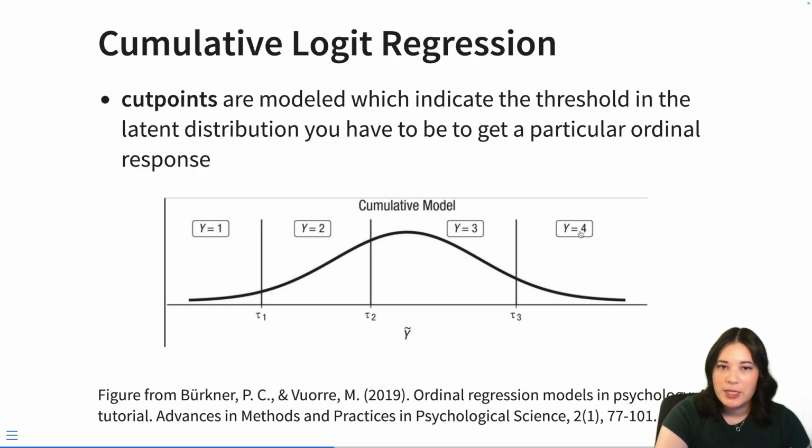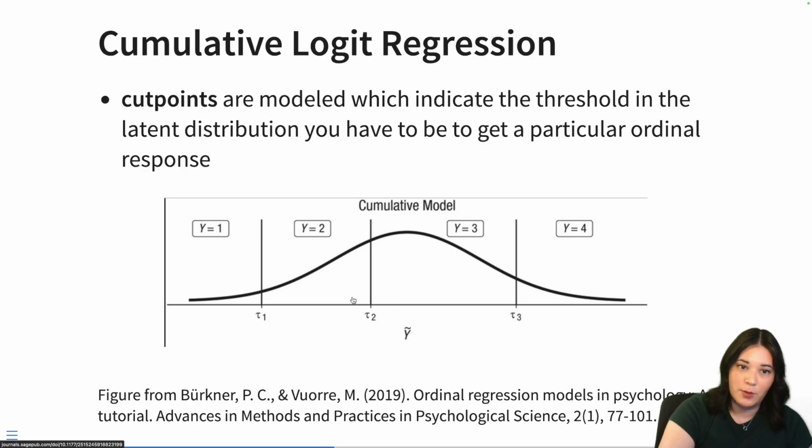So for instance, here's a figure from a paper I really love about ordinal regression in general, showing the cumulative logit model. You can see that if your latent agreement is predicted to be anywhere down here, you are going to respond with the lowest category. But as soon as you pass this threshold here, you would give the second to the lowest category, then the third, and so on.